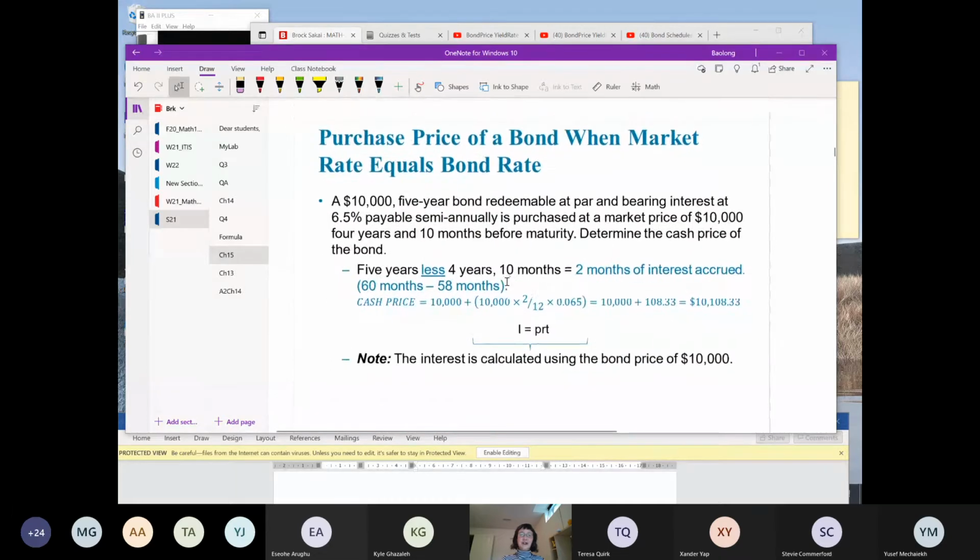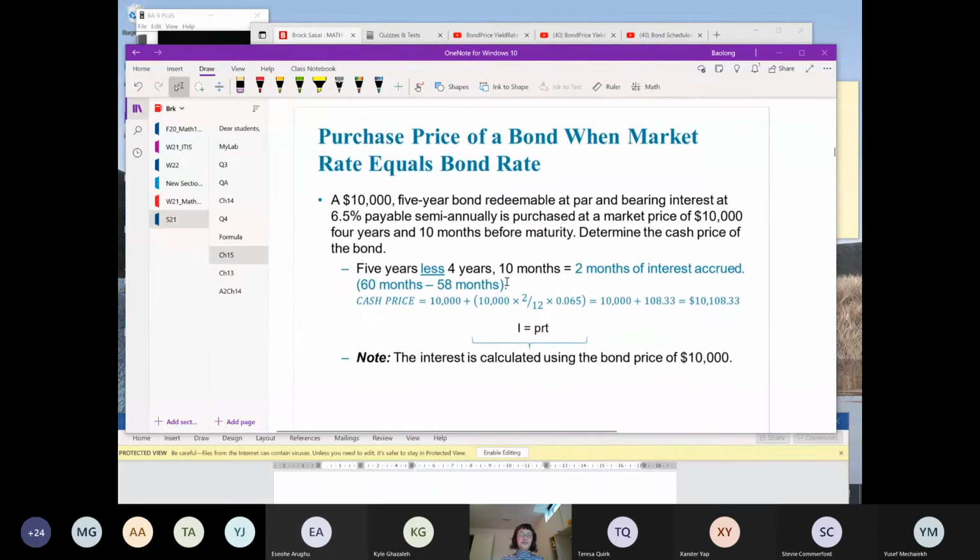So let's take a look at an example. A $10,000 5-year bond, redeemable at par. At par means at face value, meaning after 5 years you will get $10,000 back.